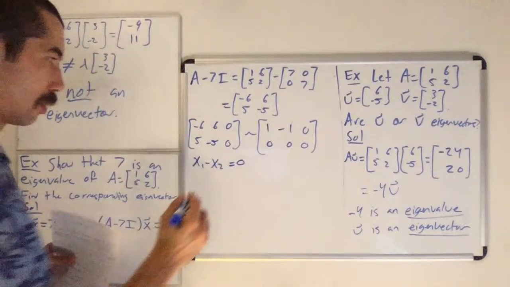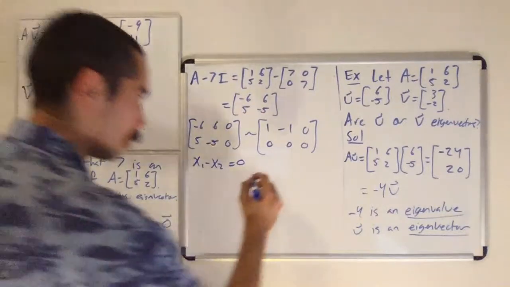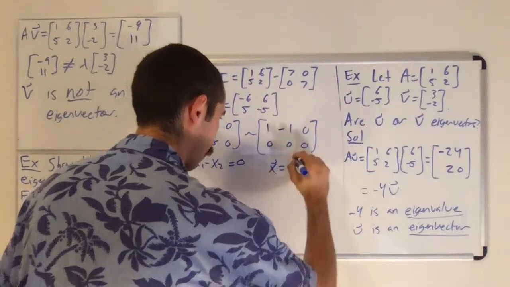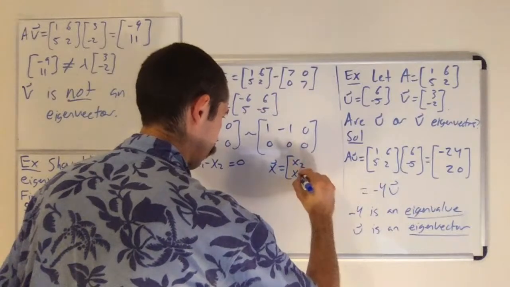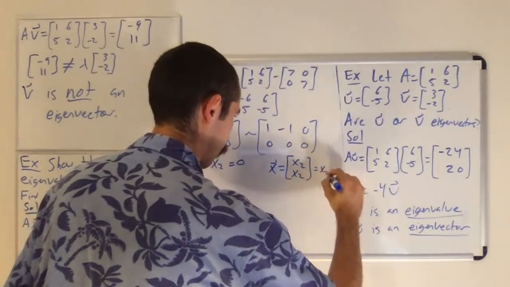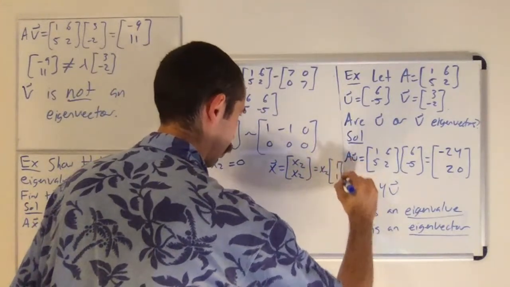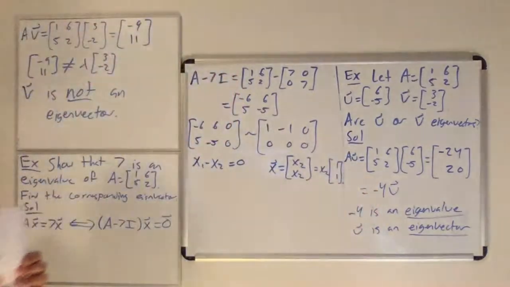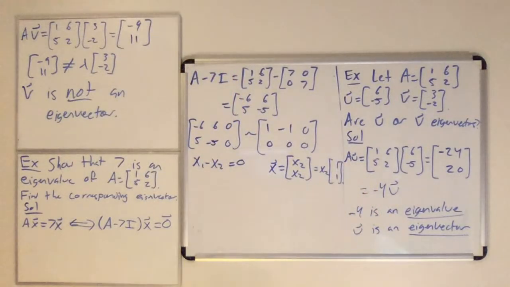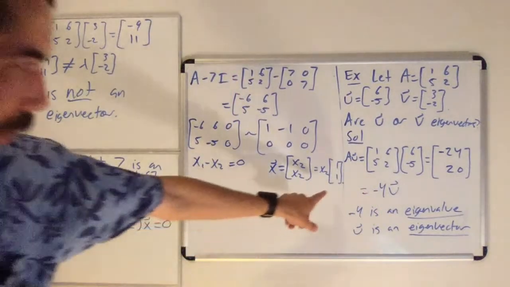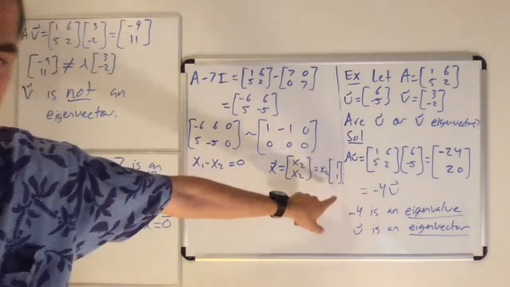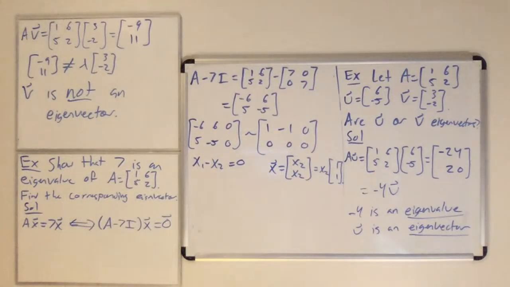Or another way to write that is x1 equals x2. So any vector of the form a number times the vector 1, 1 is an eigenvector here.